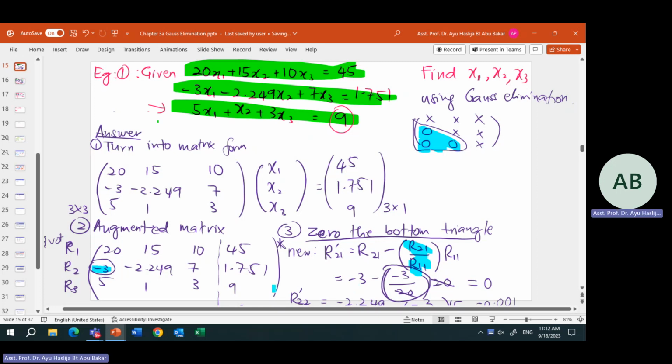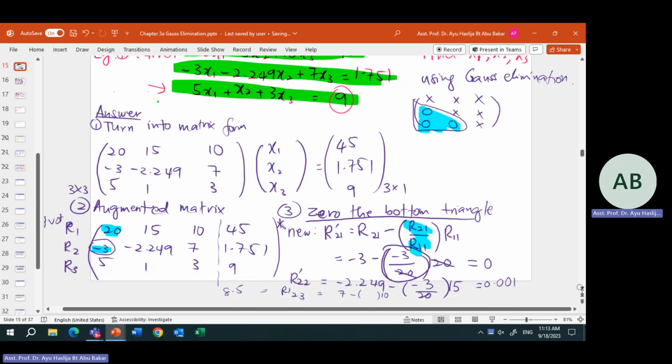We cannot simply do negative 3 plus 3 to get 0. We need to find the factor: what makes the value to be 3? So the factor is from the pivoting row. By using the pivoting row R11, which is this one, as your base, the denominator for the factor, you will get 0. That's how you get 0.